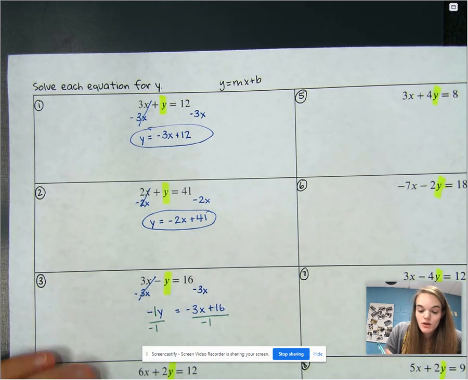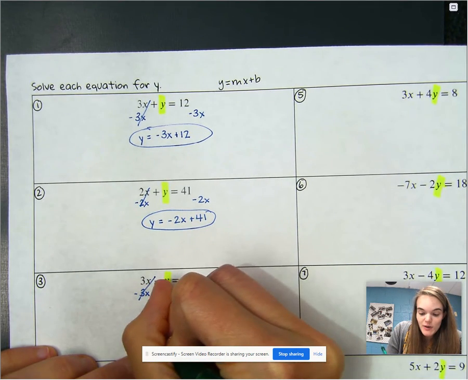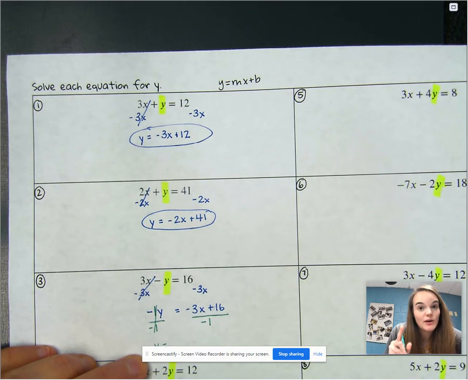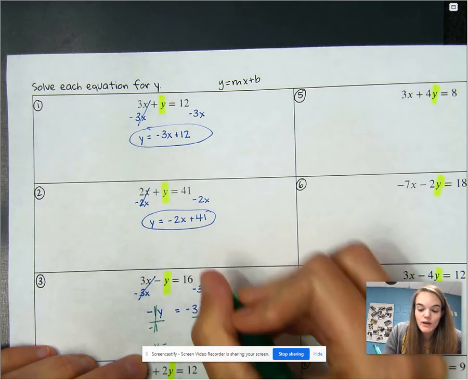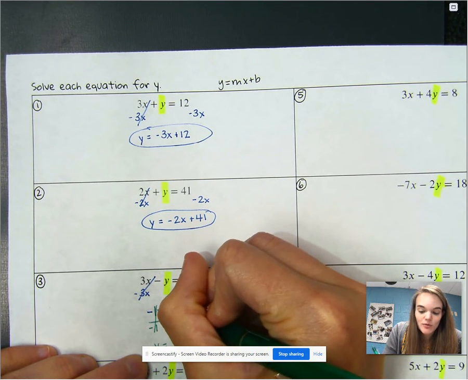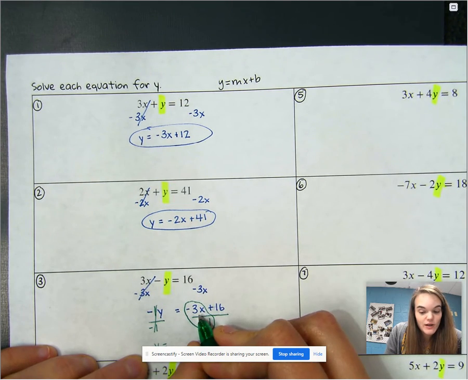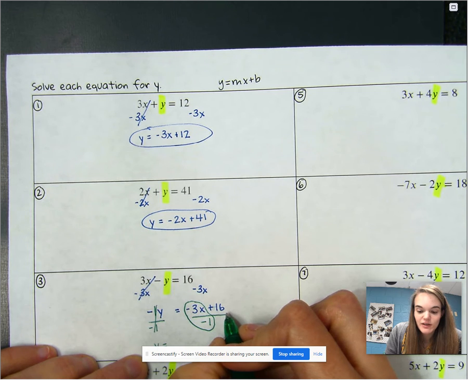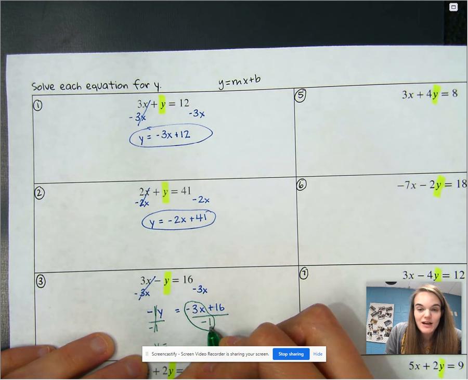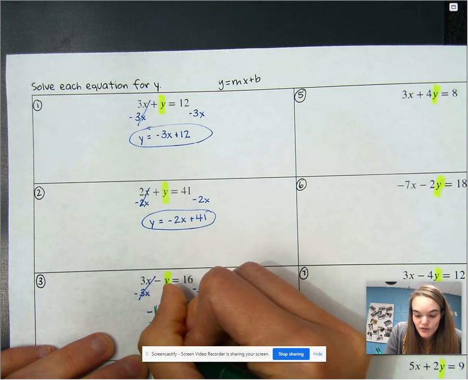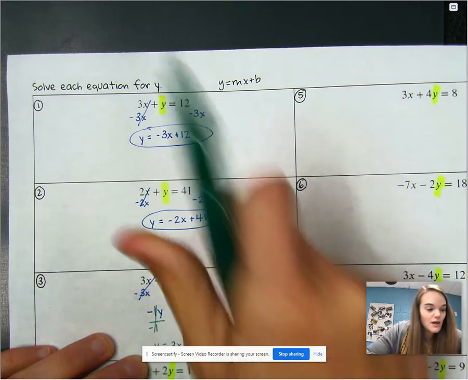Okay? So now y is by itself. But something you need to do, we need to divide negative 1 by negative 3x and by 16. Negative 3 divided by negative 1 is positive 3x, okay?